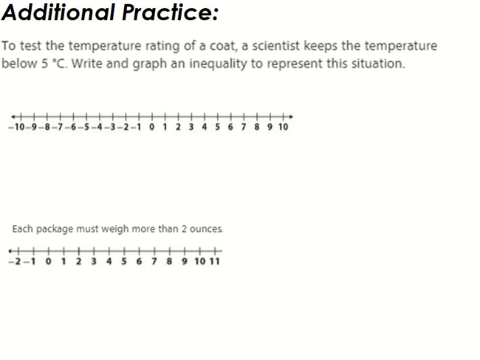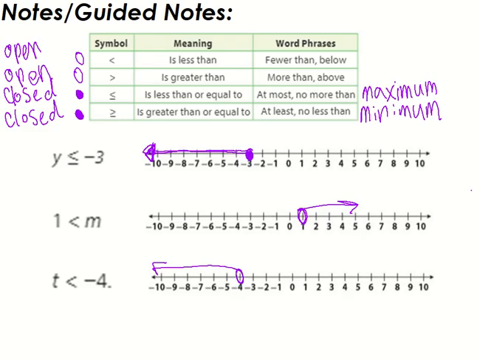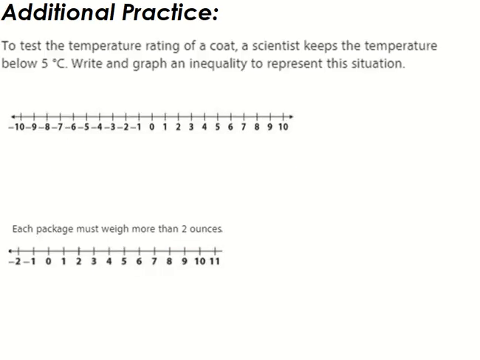So here's a story problem. To test the temperature rating of a coat, a scientist keeps the temperature below 5 degrees Celsius. Write and graph an inequality to represent this situation. So if we go back and look at our first page, up above for you guys, you can see it says below right here. Below is less than. So we're going to use a less than symbol. Right? I'm going to use T for that temperature.